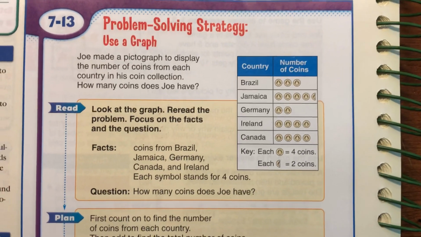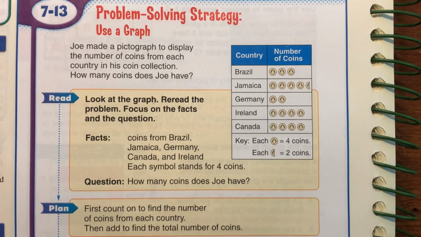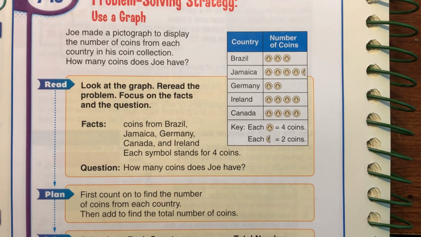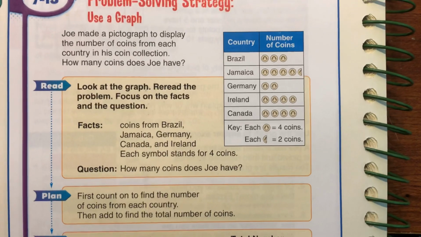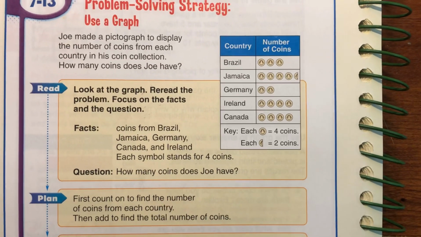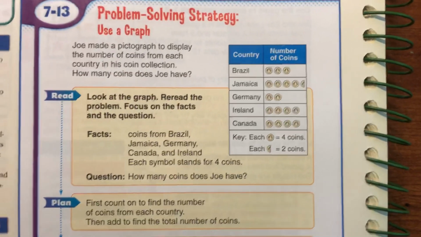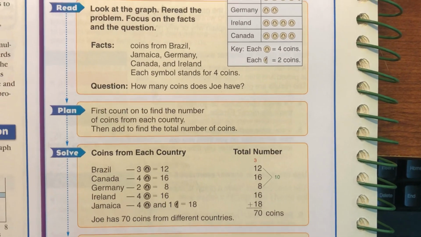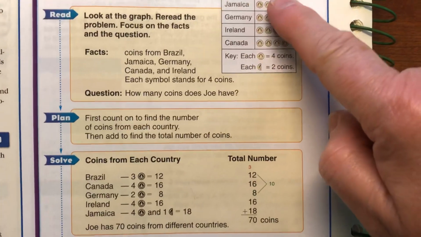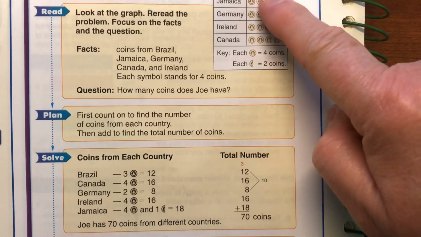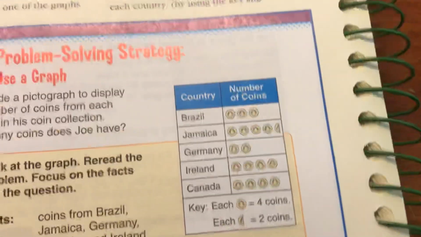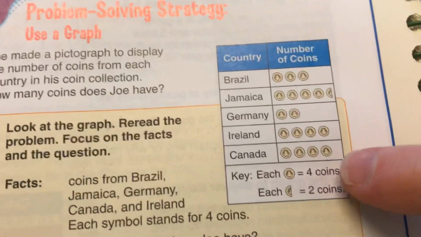Well, the first thing I could do is count to find the number of coins from each country, and then I could add to find the total number of coins. I could do it like this, where we have 3 of these symbols for Brazil. So that means it's 3 times 4, because our key says 4.